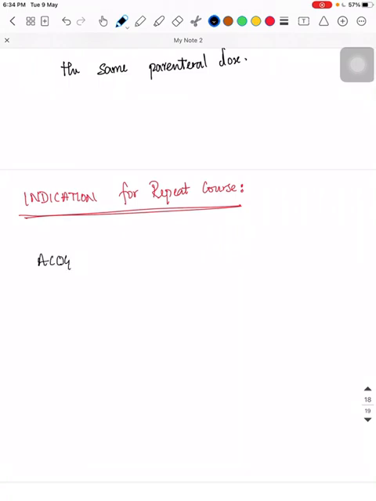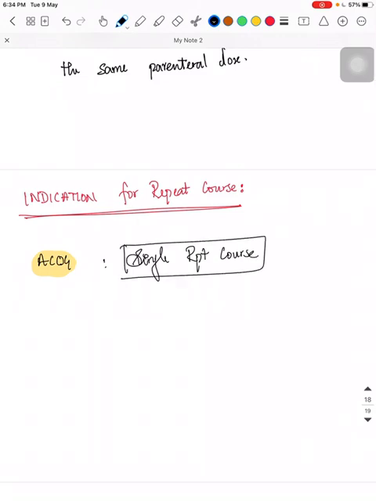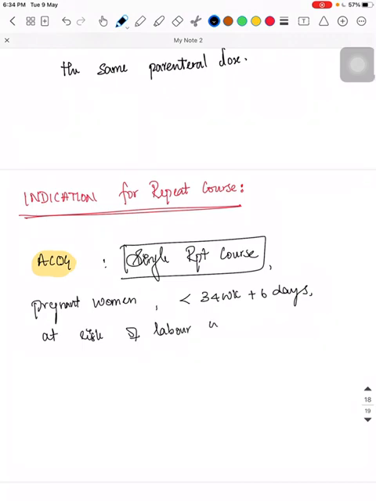So according to ACOG guidelines, you should consider a single repeat course for a woman who is less than 34 weeks plus 6 days and at risk of labor within the next 7 days.